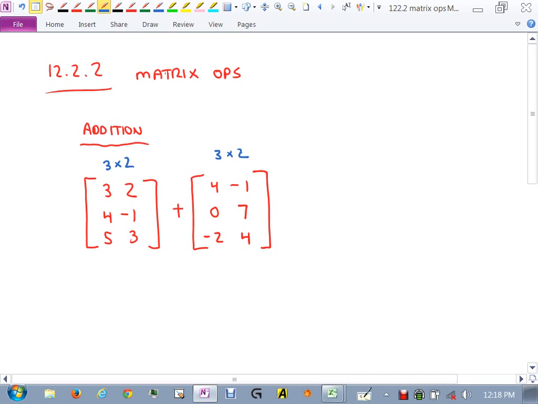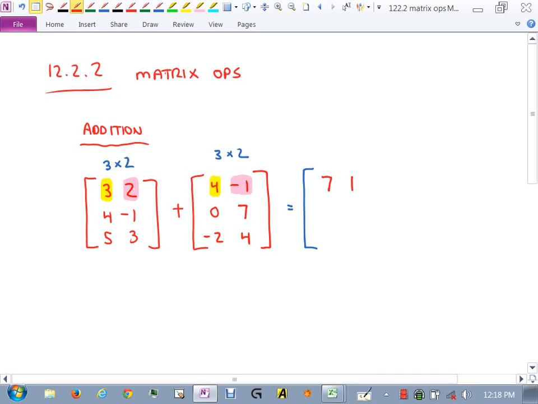And then what you do is you just add them element by element together. So I'm going to take the first row, first column, add it to the first row, first column here. And what do I get? 7. Then I do the first row, second column to the first row, second column, and I get 1.